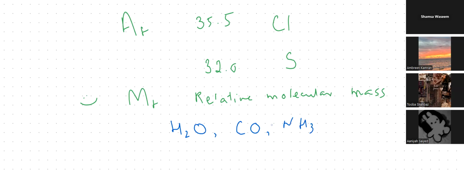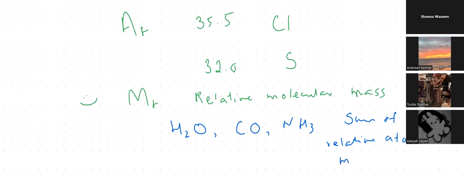So that's going to be the sum of the relative atomic masses, right? So we can say the relative molecular mass is the sum of the relative atomic masses. Okay?